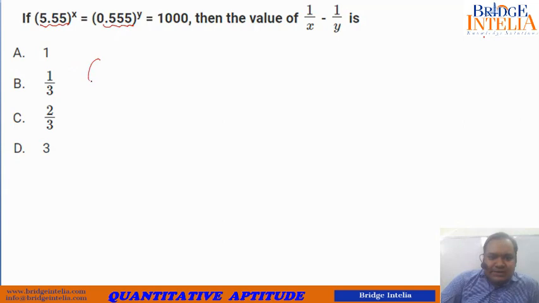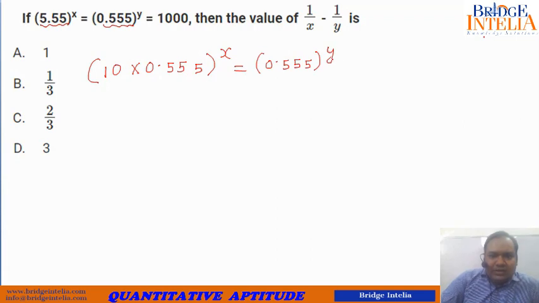So what is given to us is that 10 into 0.555 whole to the power x is equal to 0.555 whole to the power y is equal to 10 cube.